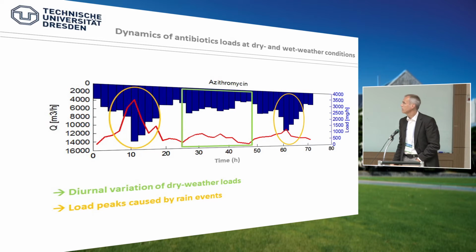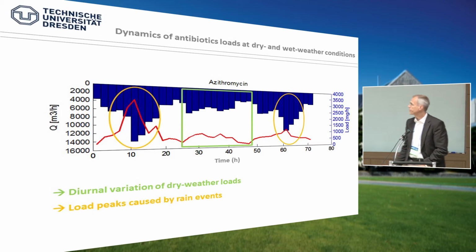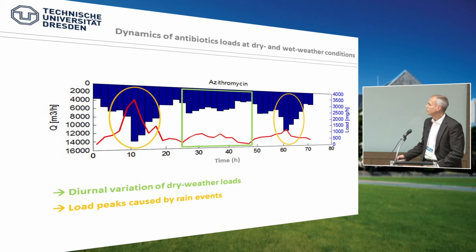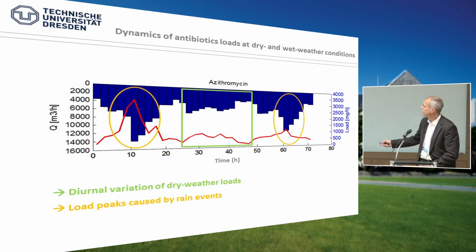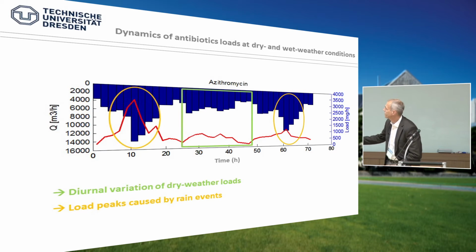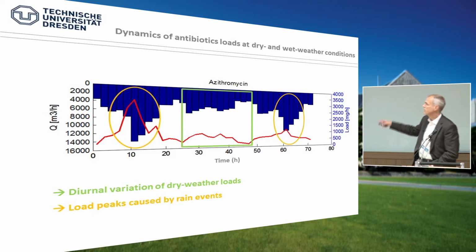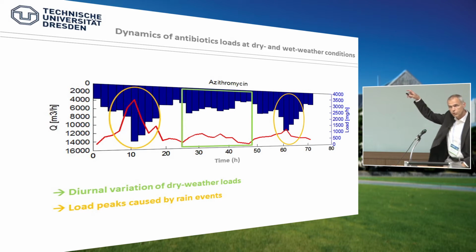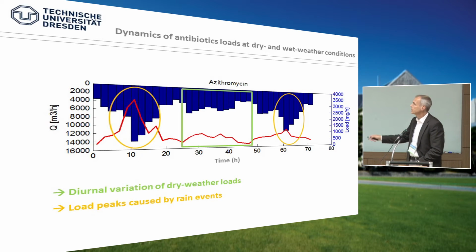Is an example of an antibiotic. What we see here is a measurement of the load, first of the flow rate, but it's from the top to down the scale.